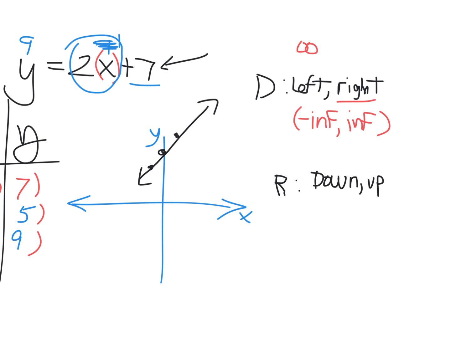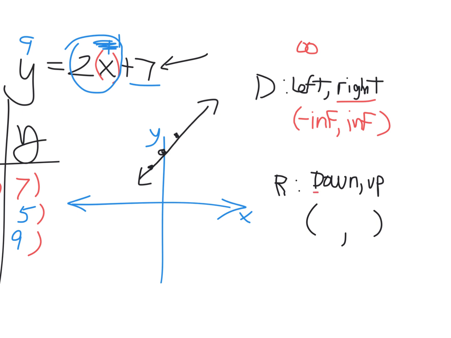Why is down first? Because when we put them in a little parentheses, the first number in the parentheses before the comma has to be the smaller number. And if I said up to down, it would by accident always be the bigger number first. It has to be smaller number first, so it has to be down, comma, up.